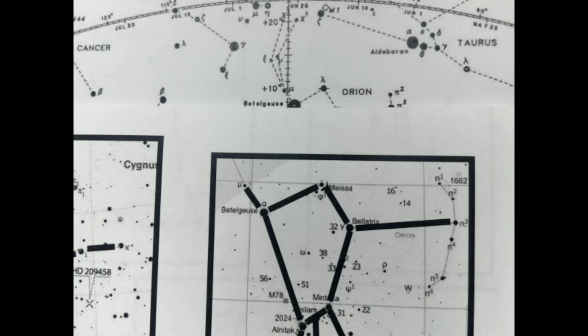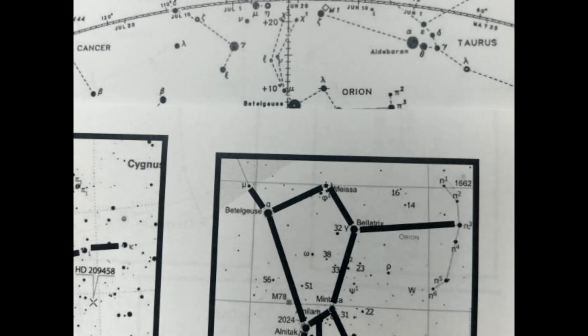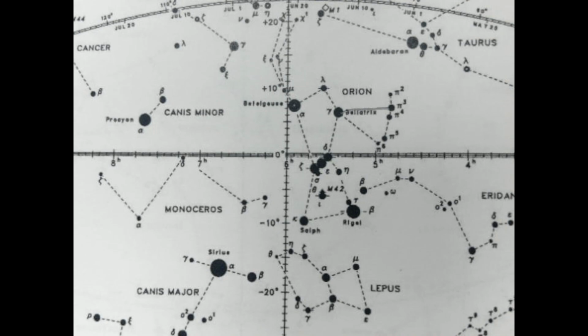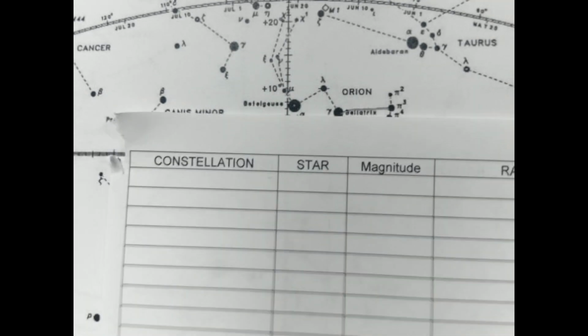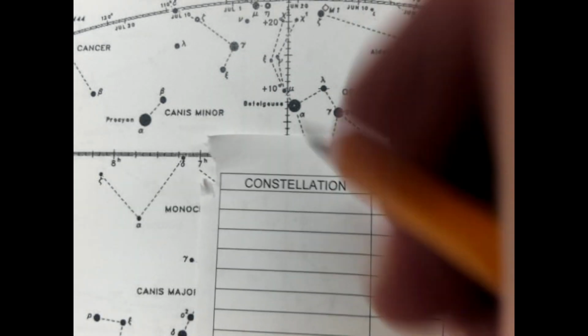A lot of nebulae and stuff happen in this part of the sky. So looking at the constellation we're in, it's Orion.